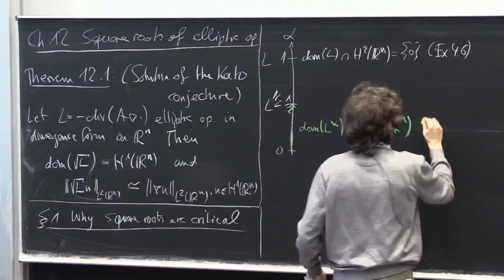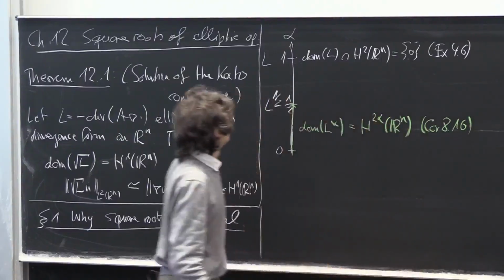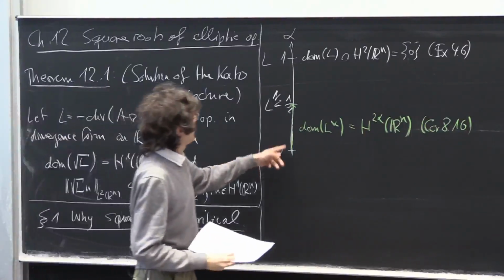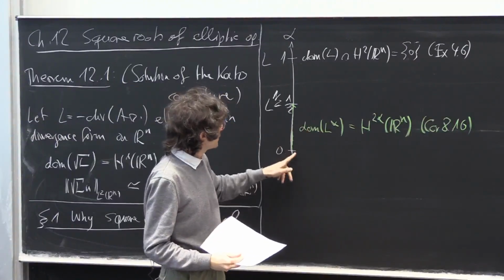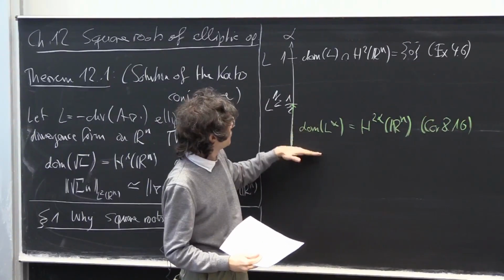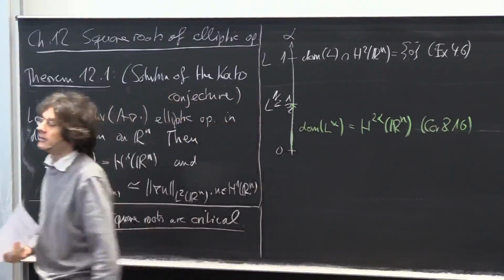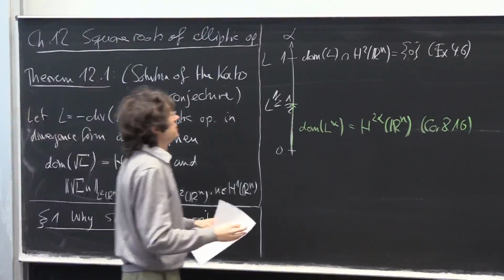This was corollary 8.16. So for alpha strictly less than 1/2, the domains behave as one would expect. If the domain of L is all of H2, then one would expect that the domains somehow increase linearly in alpha. This works fine up to 1/2.